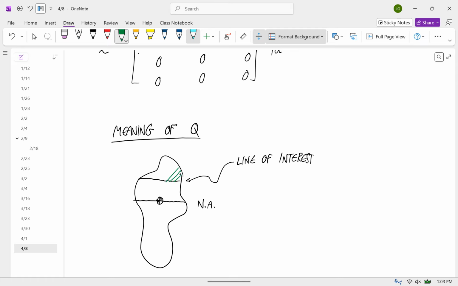But okay, so now above the line of interest, there's this area, area A. And that area A has a centroid somewhere.